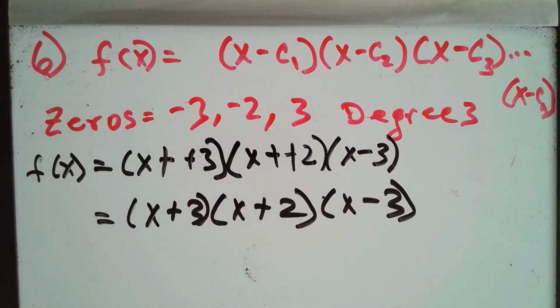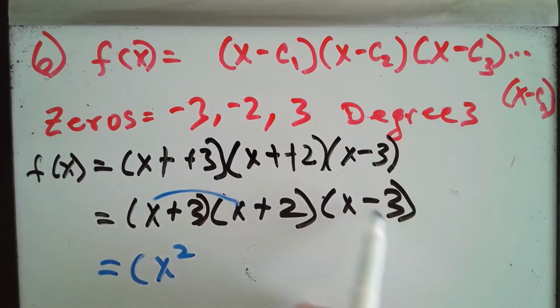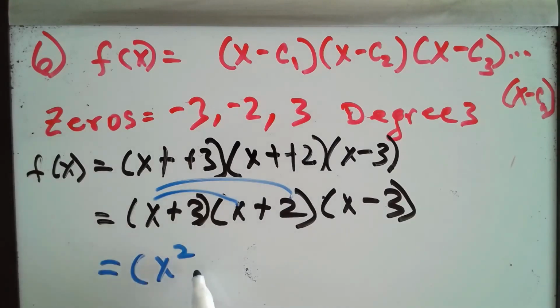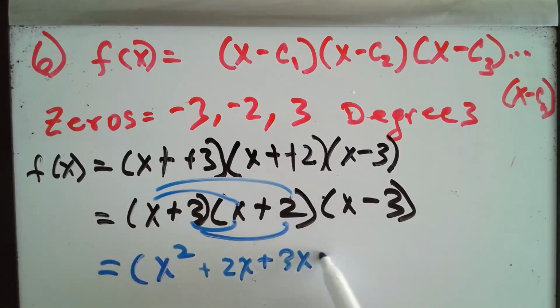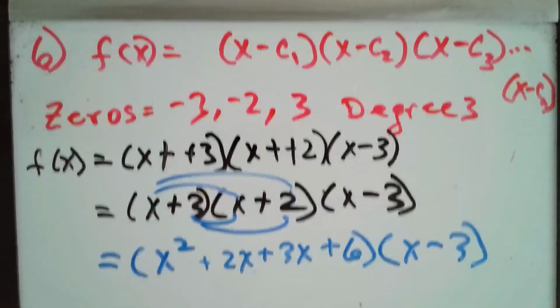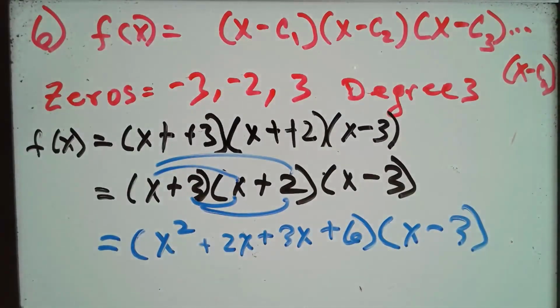We multiply the first two terms and we get x squared, and we keep the parentheses because we're going to have to multiply this one too. And then the two outer, that'll be plus 2x, and then the two inner, so that'll be plus 3x, and the two last, that'll be plus 6, times x minus 3. Okay, questions with that?